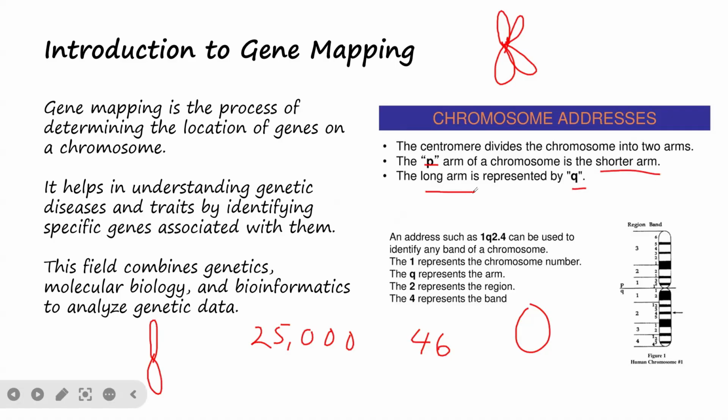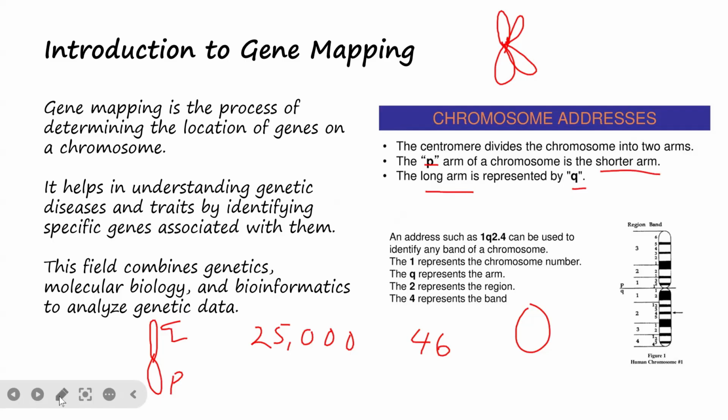These are the two different arms of the chromosome, and each of these arms is divided into regions.